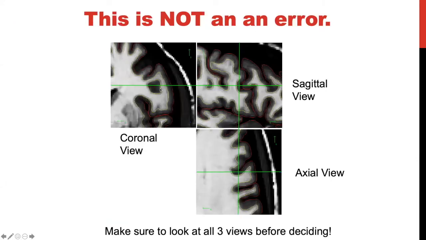This is a good example to analyze, because if you look at the sample just in your coronal view, you will question the labeling in the region where Dev is highlighting right now.